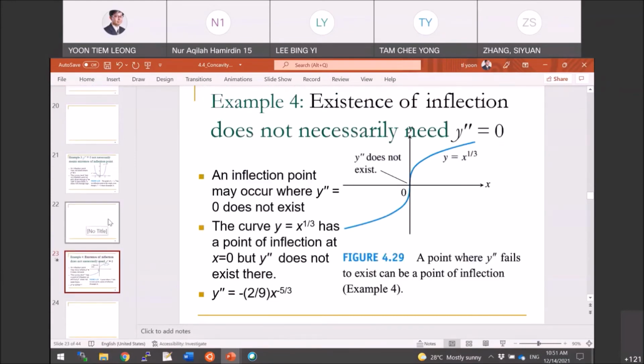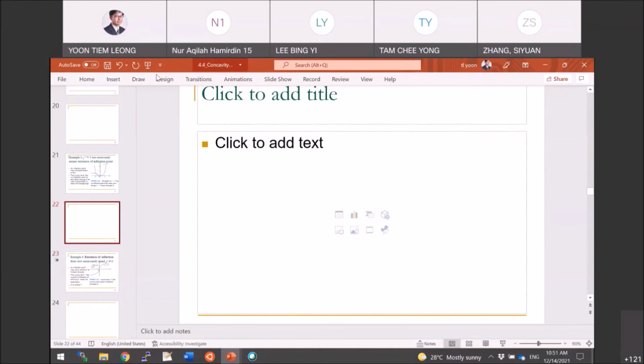You have y equals x to the power of 1/3. Then y prime is 1/3 x to the power of minus 2/3.